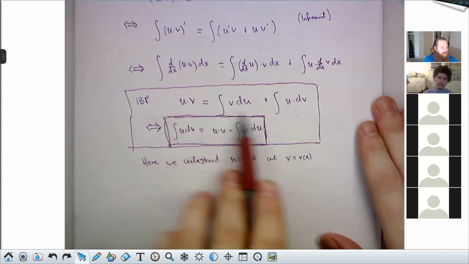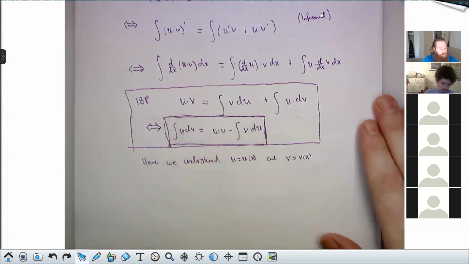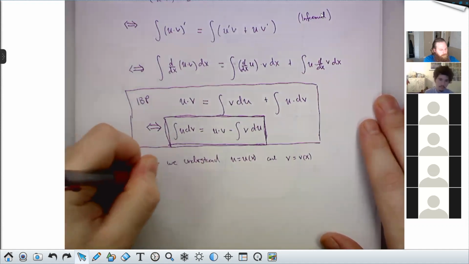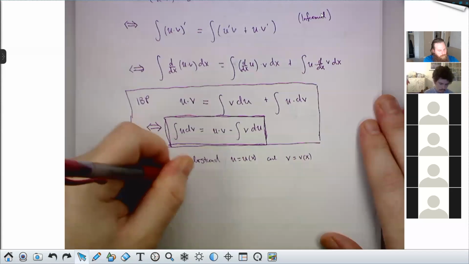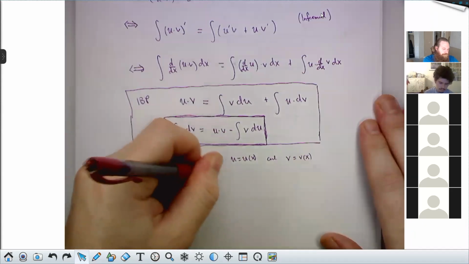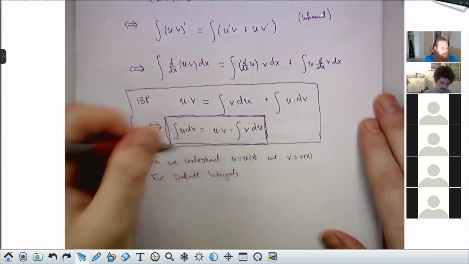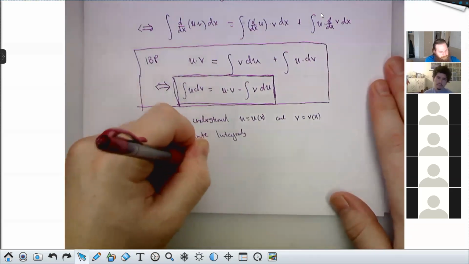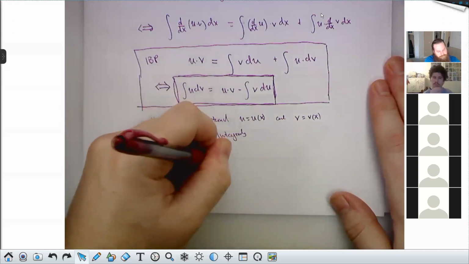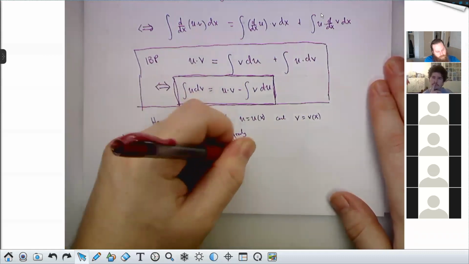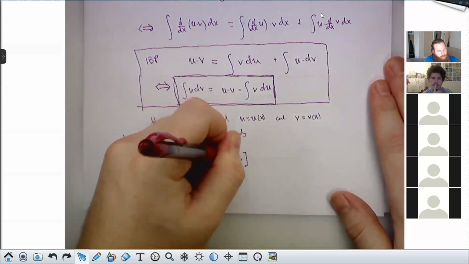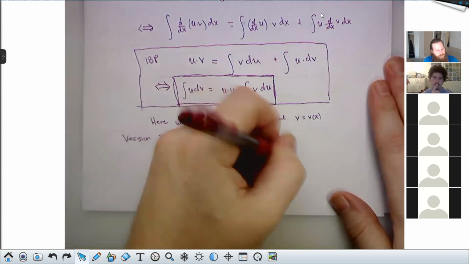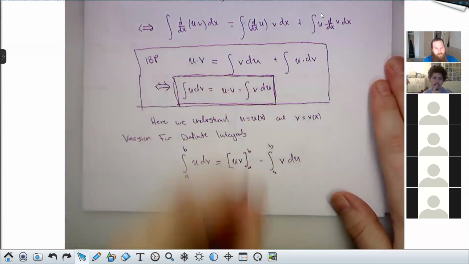So make sure this formula gets into your notes somewhere nice and clean. There's a version for definite integrals. It says that the integral from a to b of u dv is equal to u times v evaluated from a to b minus the integral from a to b of v times du.